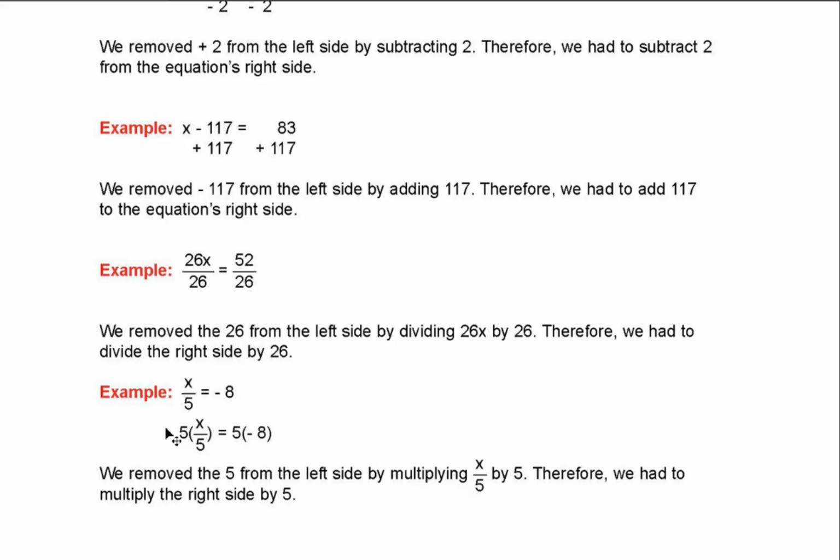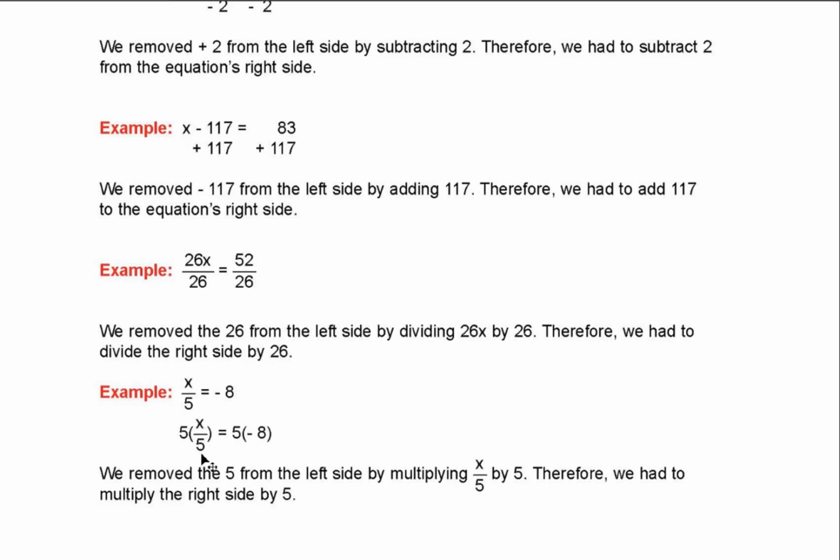Therefore, since we multiplied by 5 on the left side of the equation, we also had to multiply the right side of the equation by 5. So now we multiply -8 by 5.